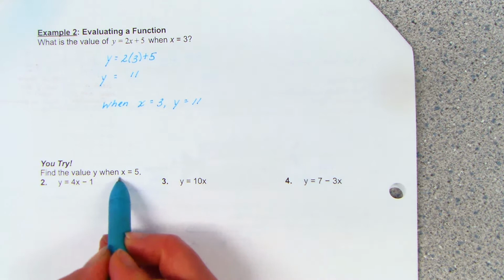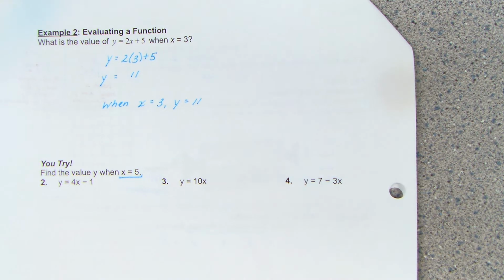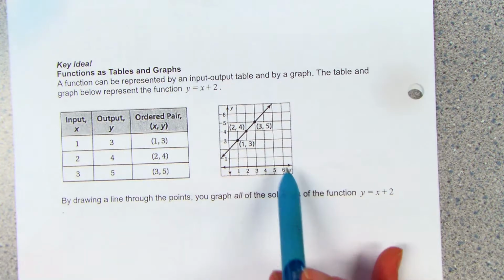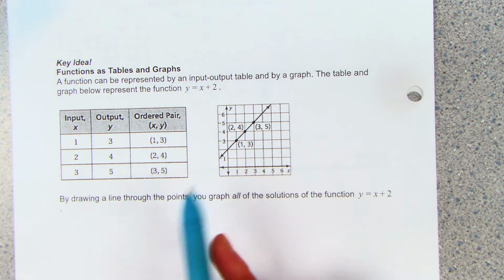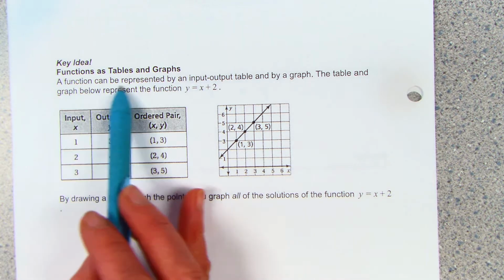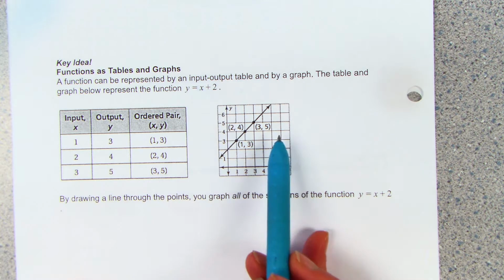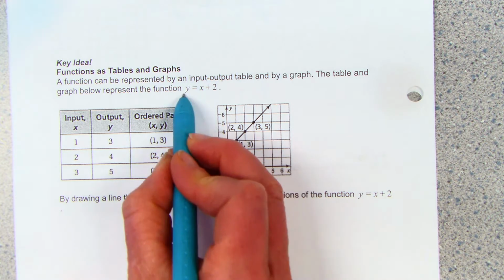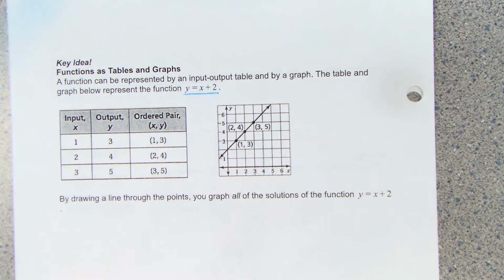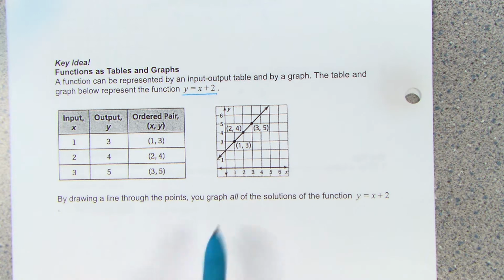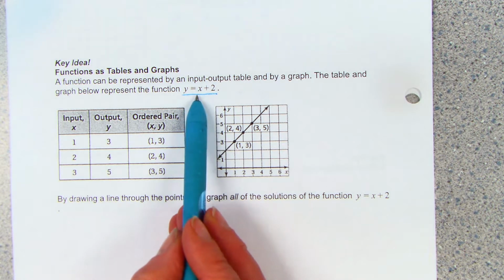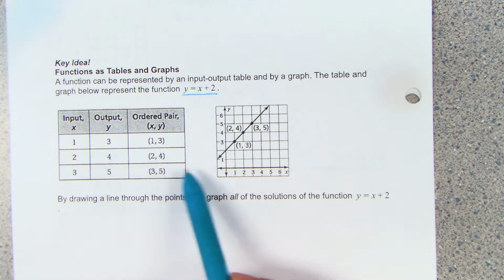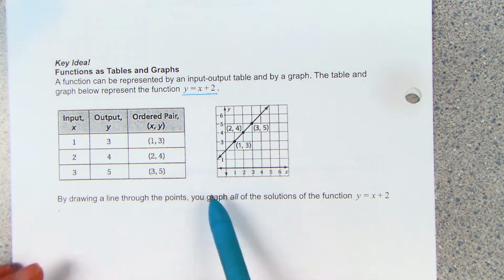When you substitute for all of these, you're going to get the values for y. Okay. Down at the bottom, there's just a nice graphic to help you kind of put those pieces together. So a function can be represented by an input-output table and by a graph. The table and the graph below both represent the function y equals x plus 2. So this is very similar to what we did in Chapter 4, Section 4.2, when we had the graph or the equation, and then we made the table, and then we made the graph, and we looked at how all of those pieces were related.